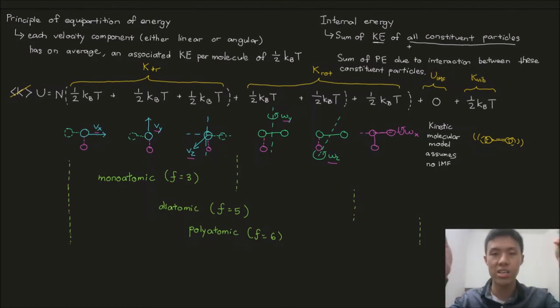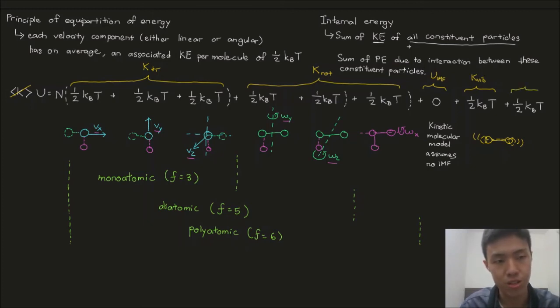If you take an average of the kinetic energy and the potential energy, they will be the same. So if kinetic energy is 1/2 kBT, the potential energy will also be 1/2 kBT. This relates to something that you learned in SHM. So another 1/2 kBT because of the potential energy of vibration.